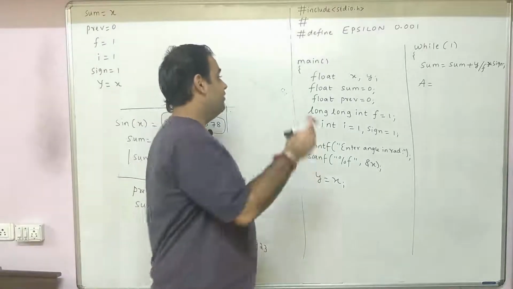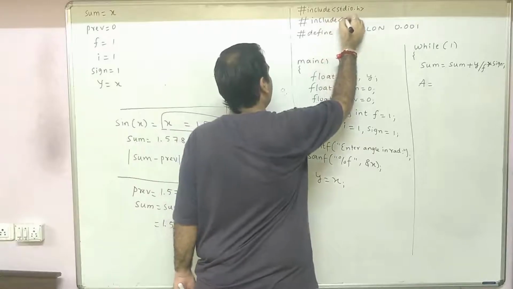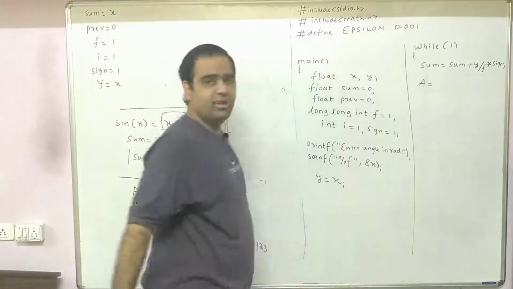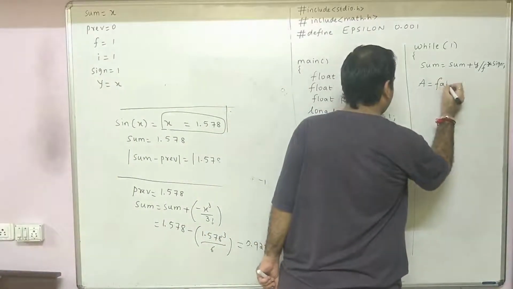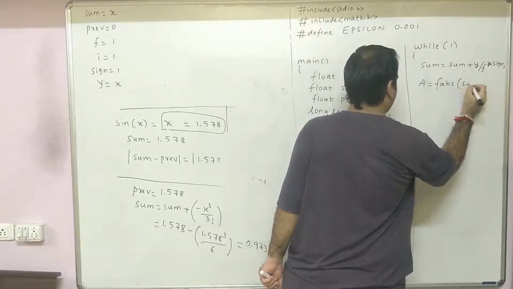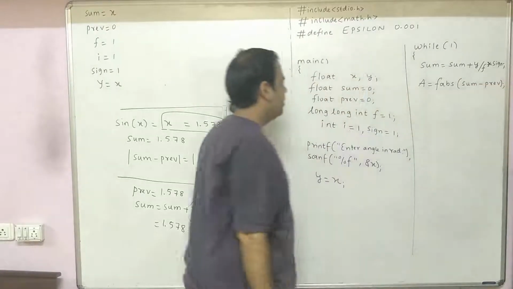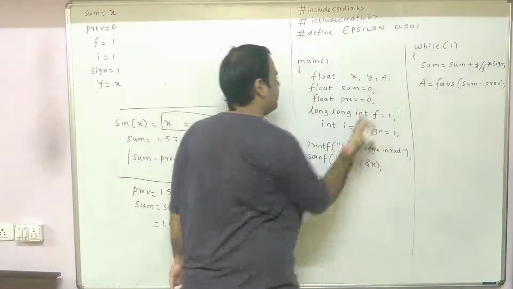For floating point numbers, we use something called fabs, and it is in math.h. Hence we say A is equal to fabs of sum minus previous, and I have to declare a variable A.